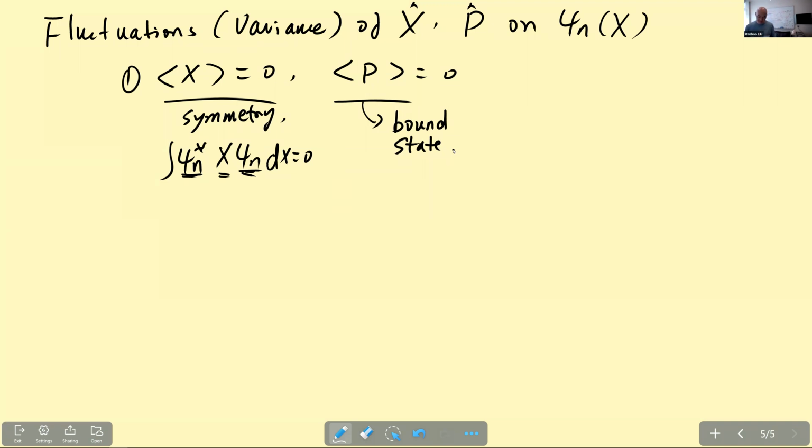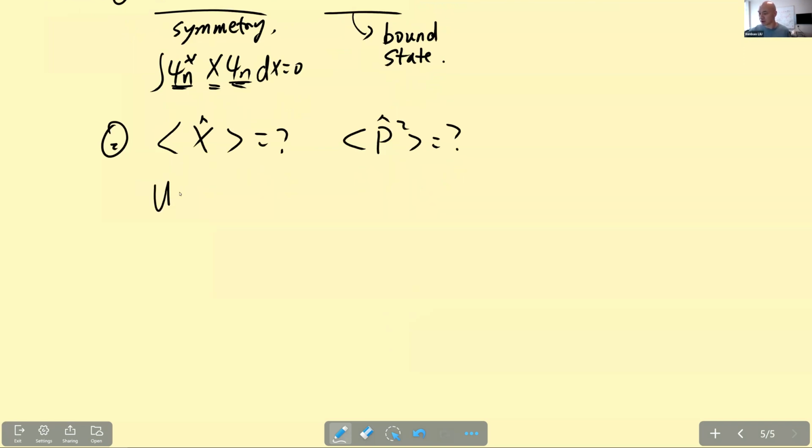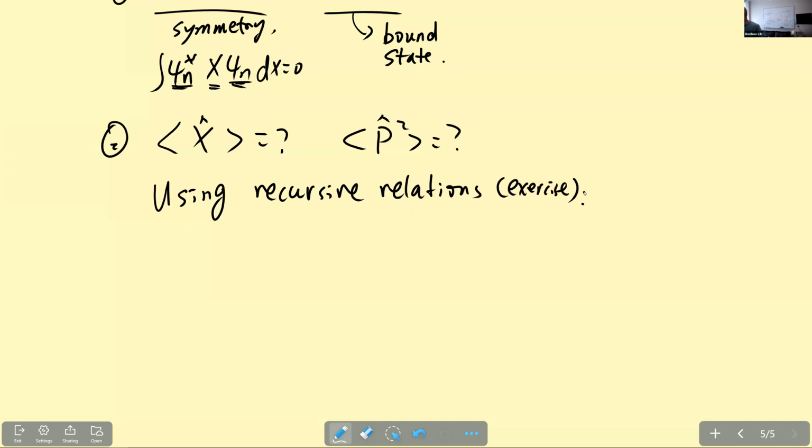So this is one thing, right? And then if we want to calculate the variance, we need to calculate this. But then we can use the recursive relations, okay? I leave this one as an exercise, but I just tell you the effects, because the effects are actually more important than the derivations, okay?